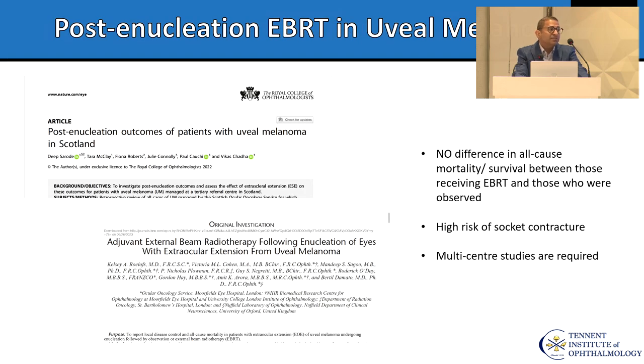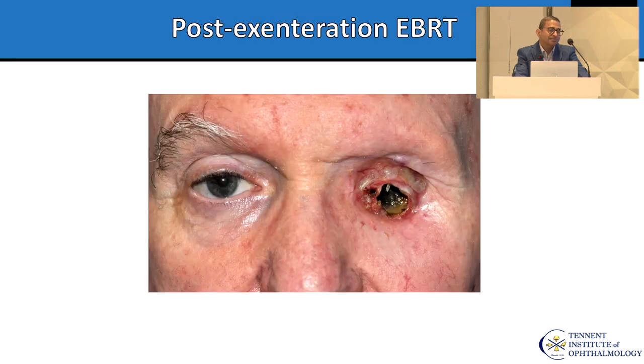At the same time as we published our results, Moorfields also published their results, and both of our studies concluded the same. There was no difference in all-cause mortality between those receiving external beam radiotherapy in these particular situations versus those who were observed. And what we both found was a high risk of socket contracture.